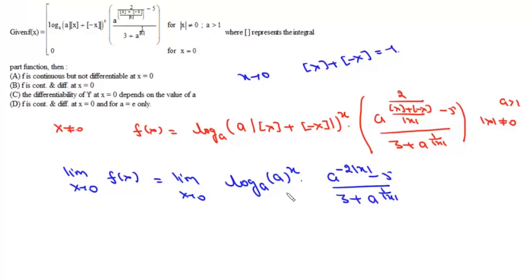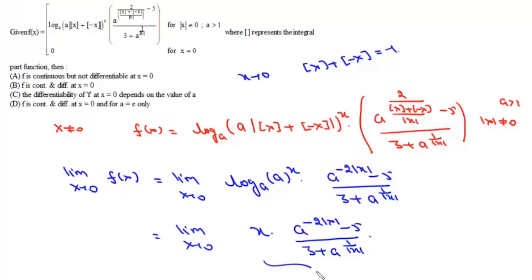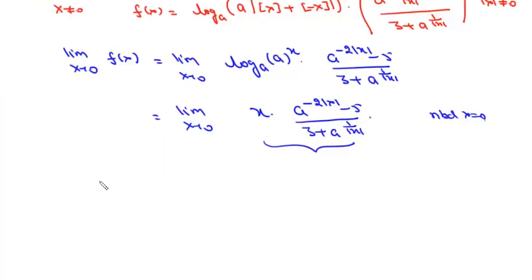Now log a base a is 1, so it will be this limit x tends to 0, x into a to the power minus 2 mod x minus 5 upon 3 plus a to the power 1 upon mod x. And that is the definition of this function in the neighborhood of x equal to 0. So we'll use this definition for all of the parts. Now we calculate this limit.